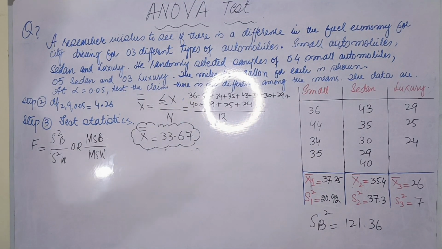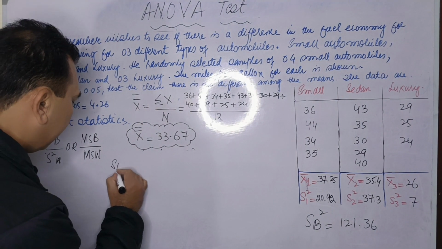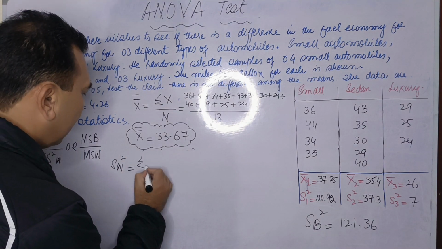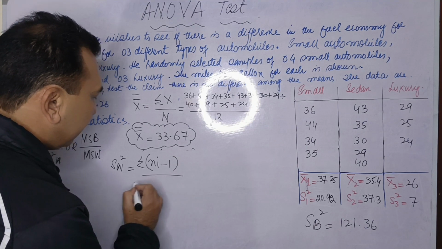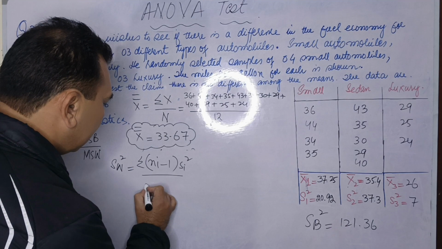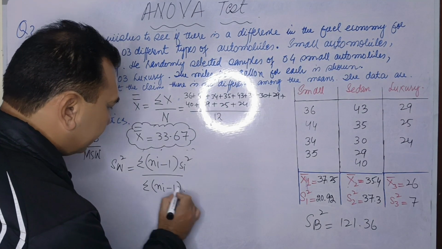Now we will go to find out the variance within the groups. For the within the group, we have the formula: the sum of (n_i minus 1) times s_i square, divided by the sum of (n_i minus 1).